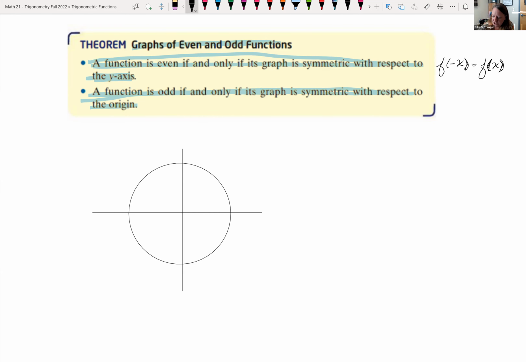It's an odd function if we plug in the negative of the x value and we get back the negative of what y would have been. So negative f of x. We saw that cosine of x is equal to cosine of negative x.